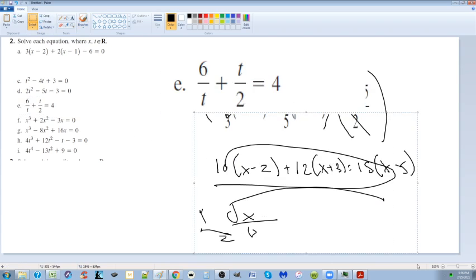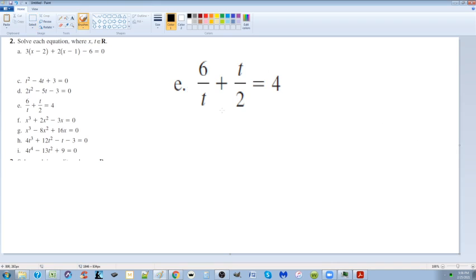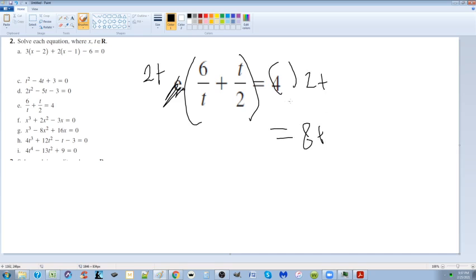Oh, well. What's the common denominator between 2 and t? It's 2t. So we're going to multiply everything by this magical number called 2t, but I must do it to the right side as well. Clearly on the right side I'm left with 8t, because you can only multiply the numbers. On this side, 2t divided by t times 6, the t's cancel out, I'm left with 12. 12 all alone too.